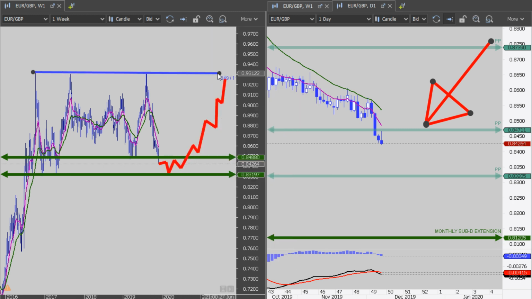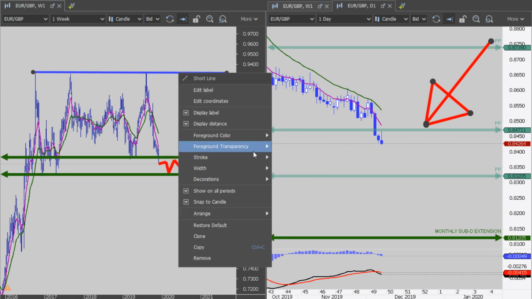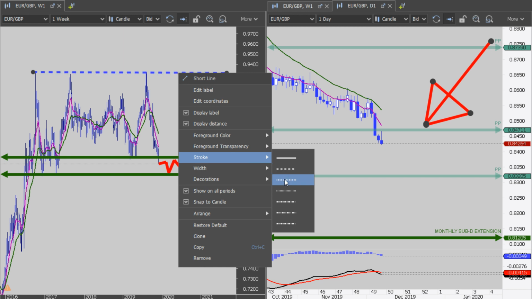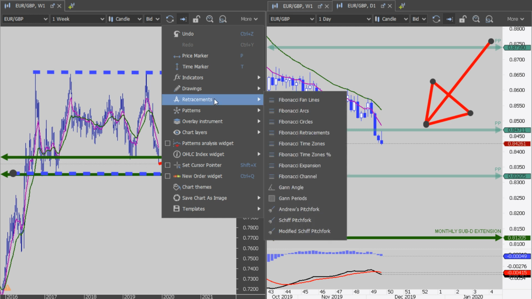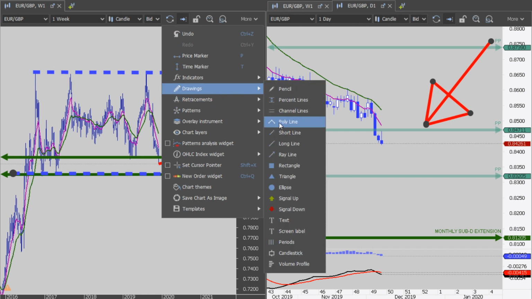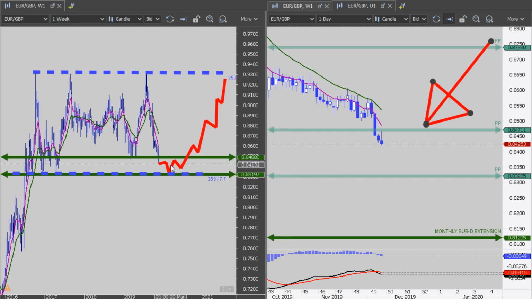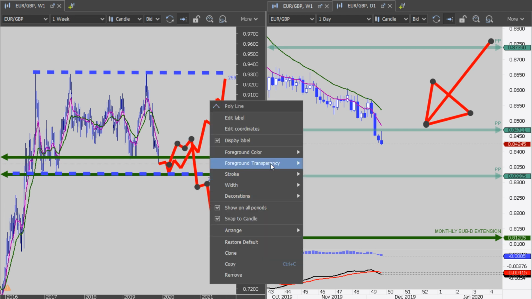So this is the sideways channel that we are locked in so far. Let's make it like this and clone, right? Or maybe this retracement is just going to be a retracement leg for the further down extension. Okay, this is what we need to manage.